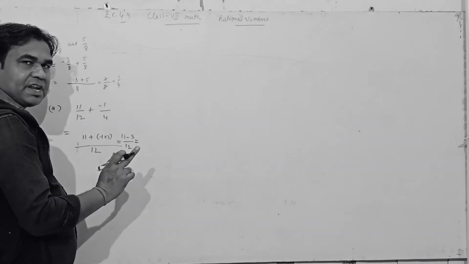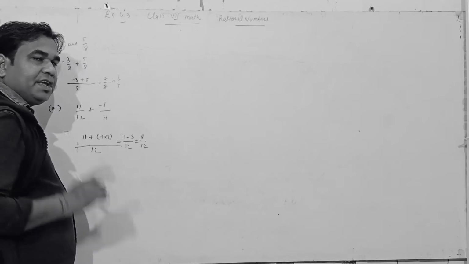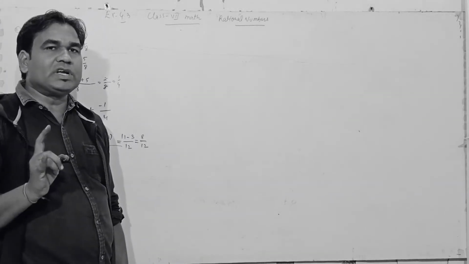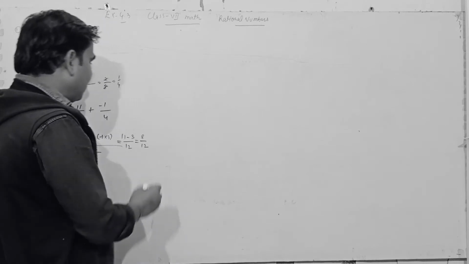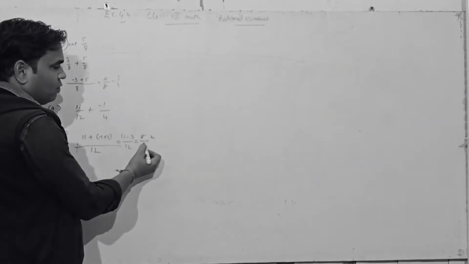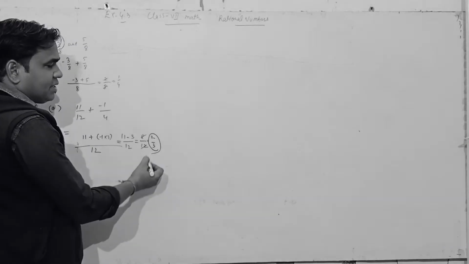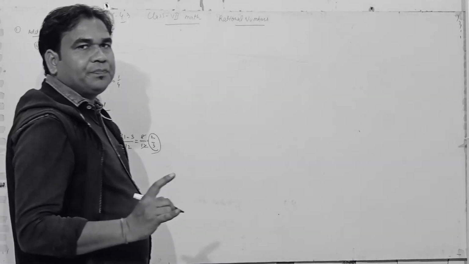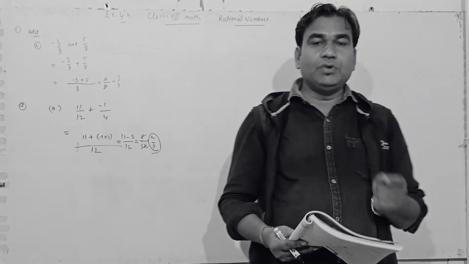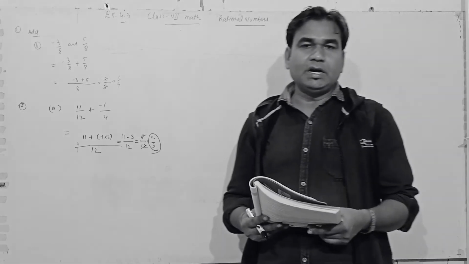After subtraction we get 8 over 12, and in this question we have to find the lowest term. So 8 and 12 divided by 4 gives 2 and 3. So this is the lowest term, 2 over 3. This is the answer. In the same way you can do the B part, C part and D part.